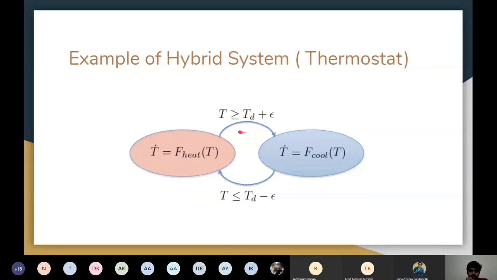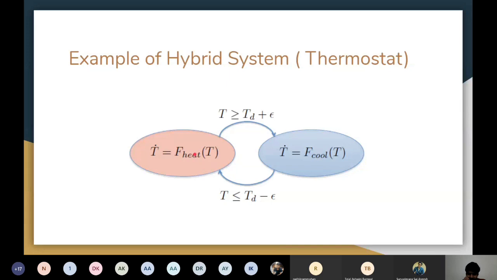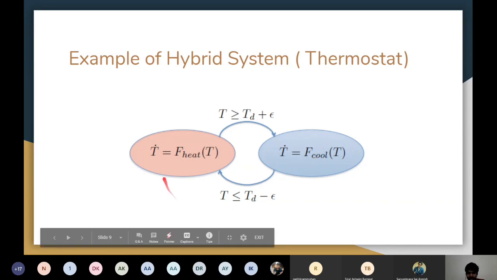So this particular switching from behavior 1 to 2 is done when the temperature reaches a little above the desired value. I'll cover the significance of why I want a little above and a little below the desired value. Say if I exactly try to switch at the desired value, I'll switch here and immediately it will sense that the temperature is such that I need to switch back.